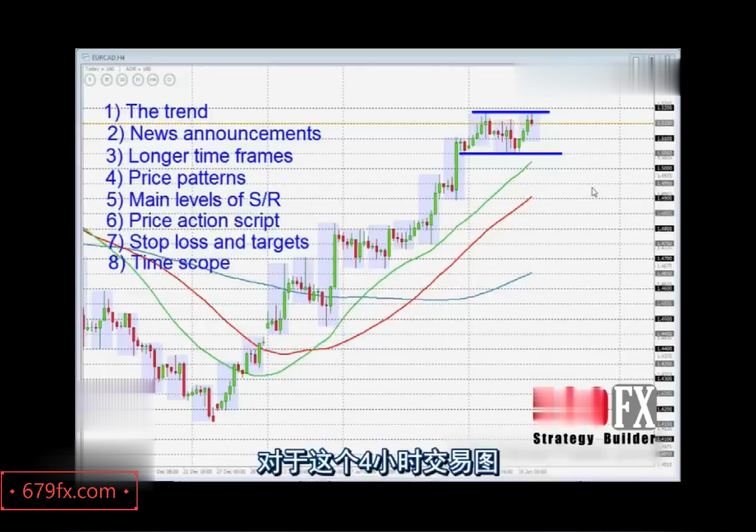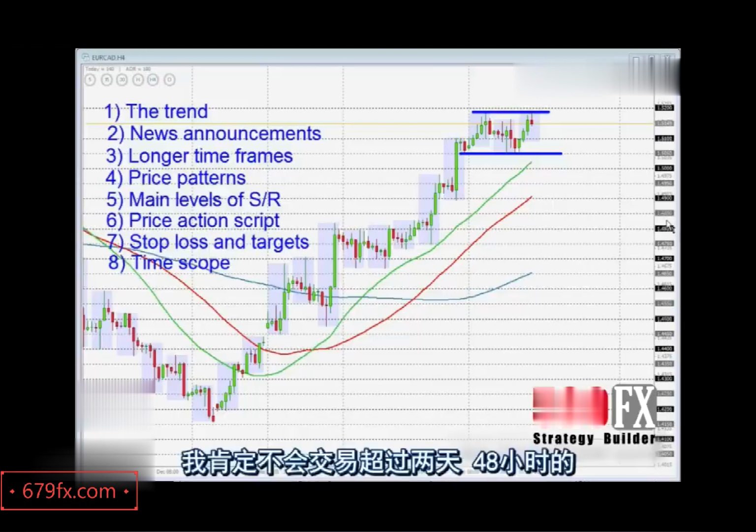In this case, this is a 4 hours time frame, all right, a 4 hours time frame setup. And therefore I'm going to be looking to possibly stay about 24 hours, within 1 and 2 days on this trade. Okay, no more than that. I don't want to keep this trade open for more than 2 days, than 48 hours.